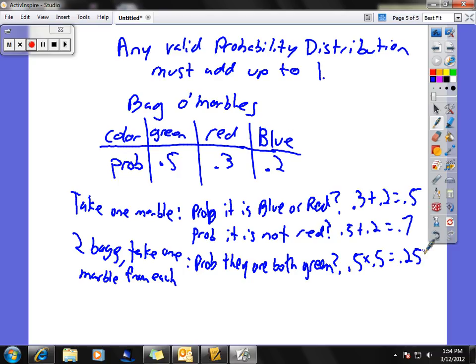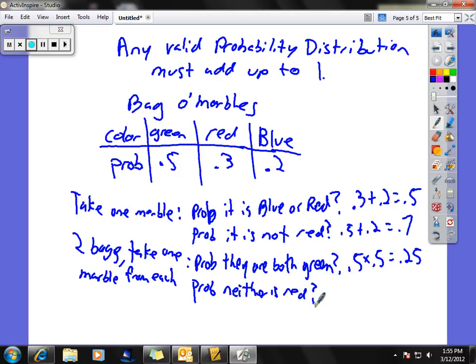And let's do one more here. What's the probability neither is red? What's the probability that neither one of them is red? For the first one to not be red, that's going to be 0.5 plus 0.2, which is 0.7.